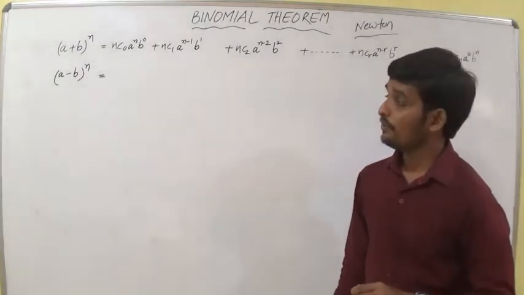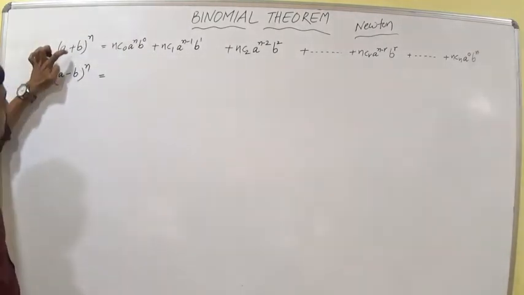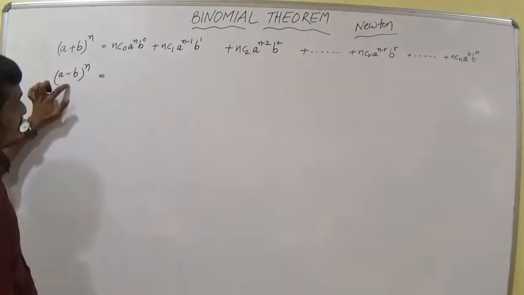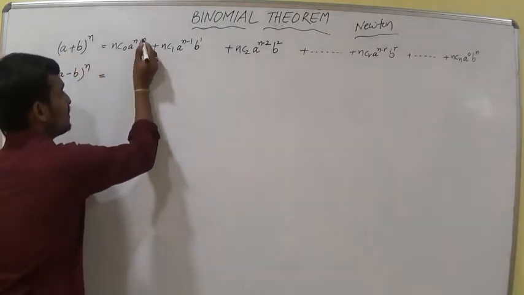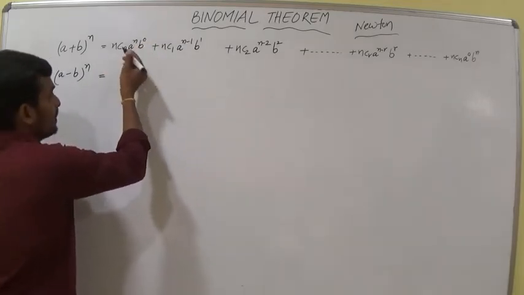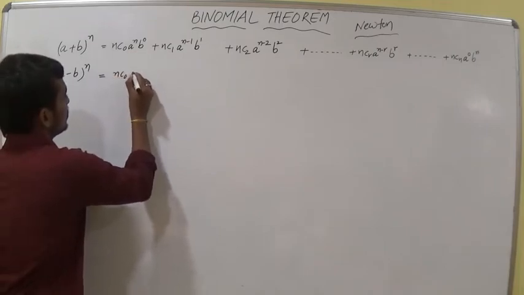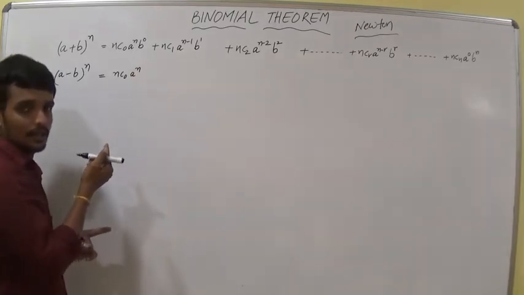In the place of plus b, we are writing minus b. The first term: minus b power 0 is the value 1, so no need to keep minus. So this is nC0 a power n. Shall I write it clearly?